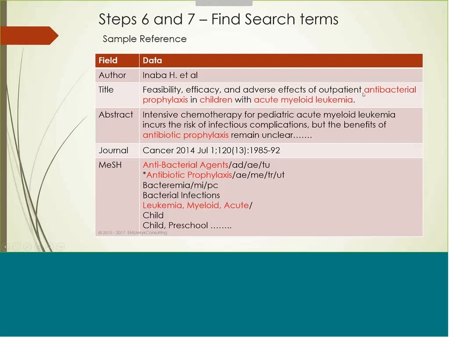So if you just typed in prophylactic antibiotics, you would not get it from the title. You may or may not get it from the abstract. But if you typed in prophylactic antibiotics in either PubMed in the MeSH database or in Ovid in the search box, it would probably route you to the actual subject heading that is available, which is antibiotic prophylaxis.